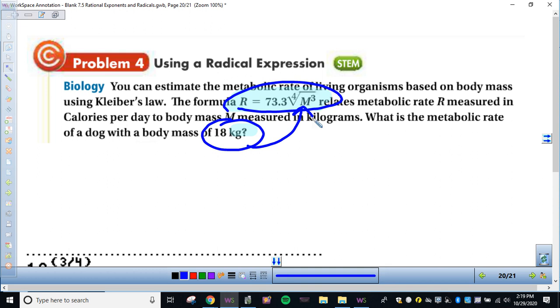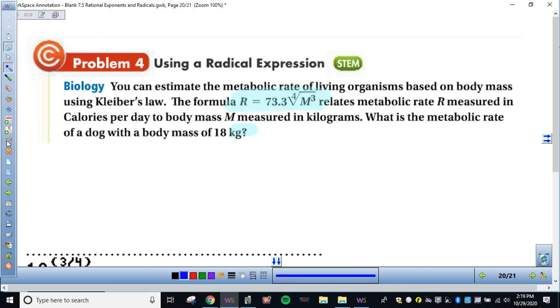So you can estimate the metabolic rate of living organisms based on body mass using Kleiber's law. The formula relates metabolic rate, R, measured in calories per day, to body mass, M, measured in kilograms. So the M does go in for that M.